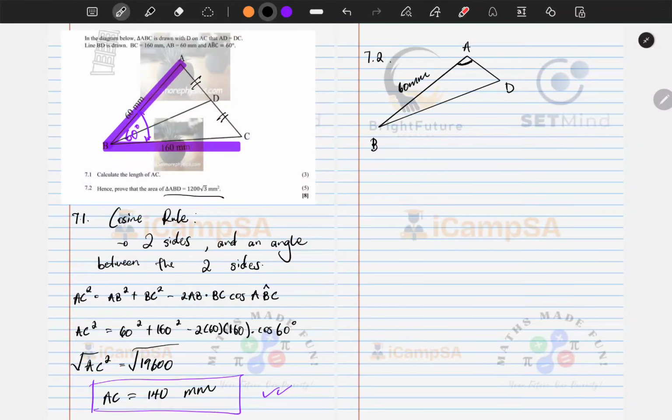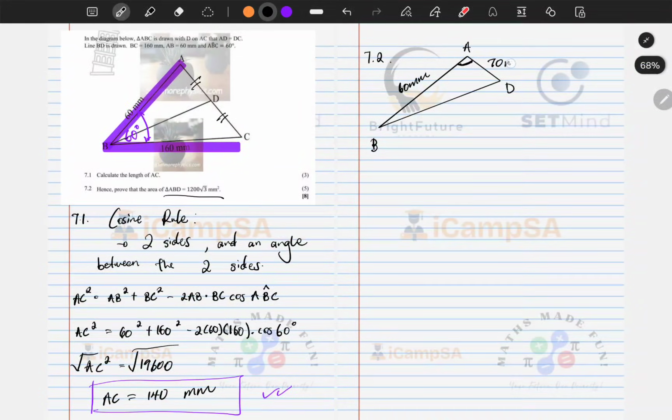And if AC is equal to 140, that means this is going to be 70 millimeter, because remember what we said: AD is equal to DC. We agree on that.